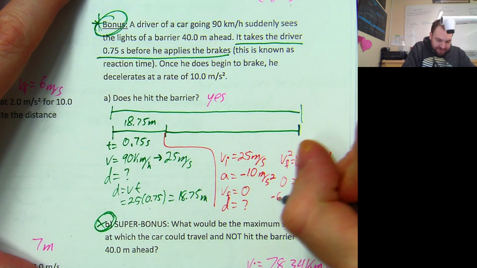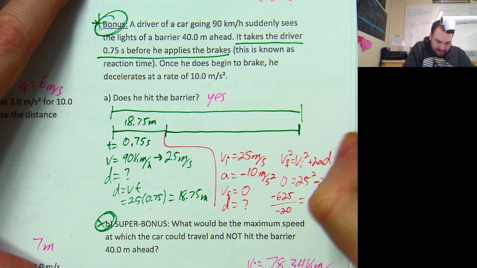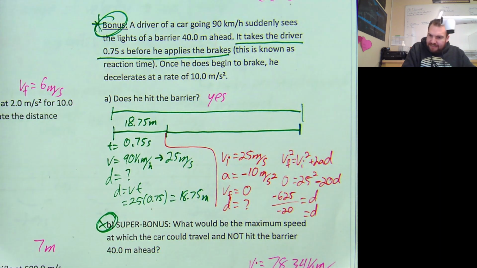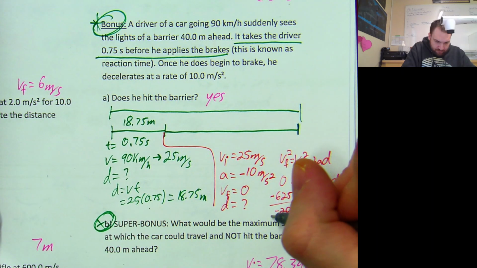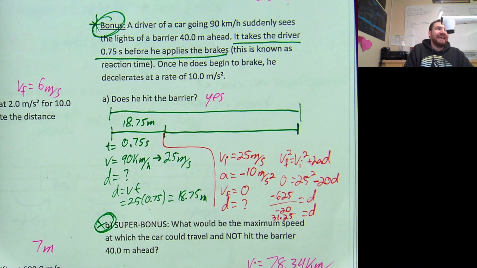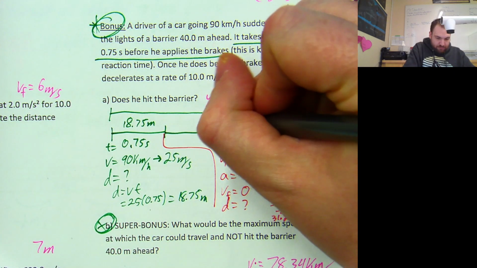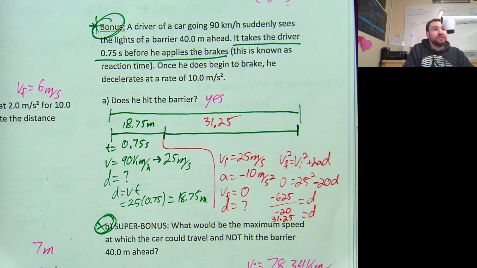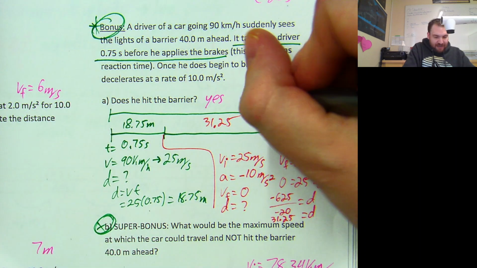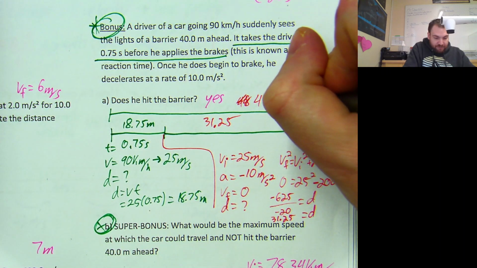So it's going to be -625 divided by -20 equals d. We're going to get a distance there of, if I'm not mistaken, 31.25. Which looks good, except he's already gone 18.75 meters. So my total stopping distance under ideal conditions for this guy is going to be about 50 meters.